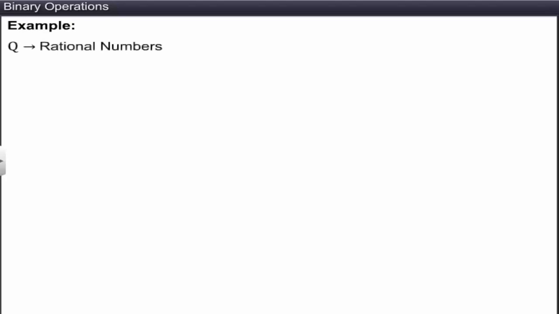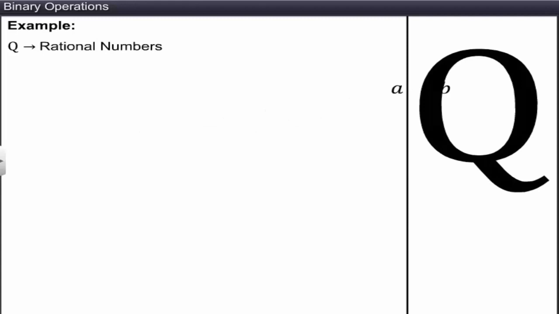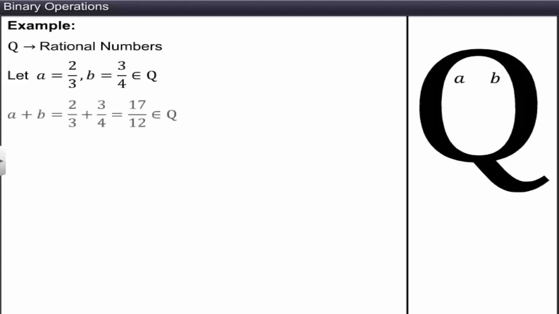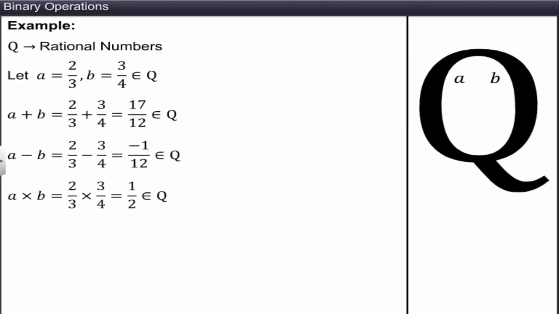Let Q denote the set of rational numbers. Let A and B be any two rational numbers. Now, on adding, subtracting and multiplying any two rational numbers, we get another rational number.